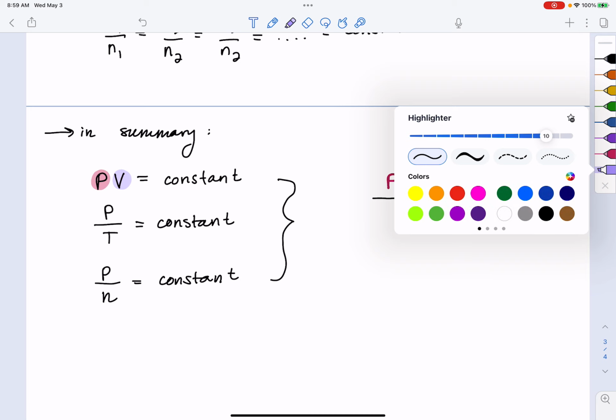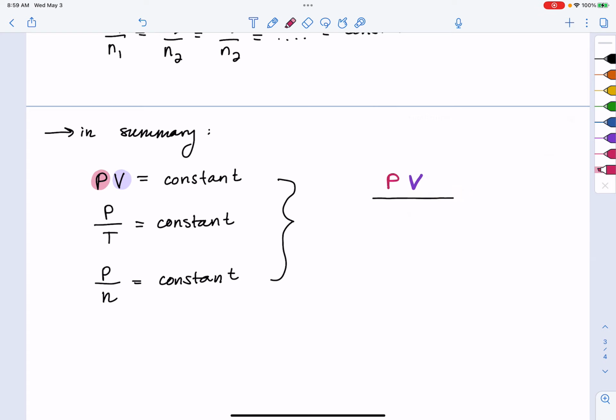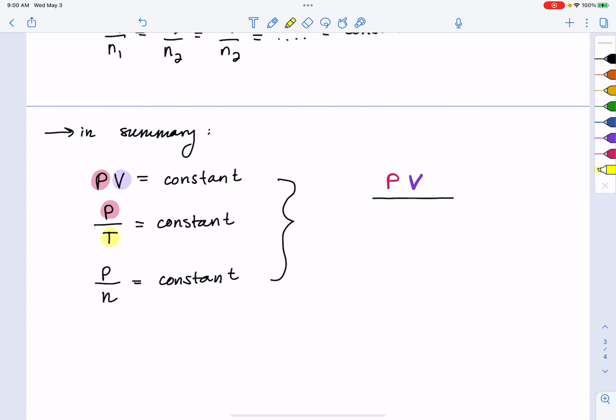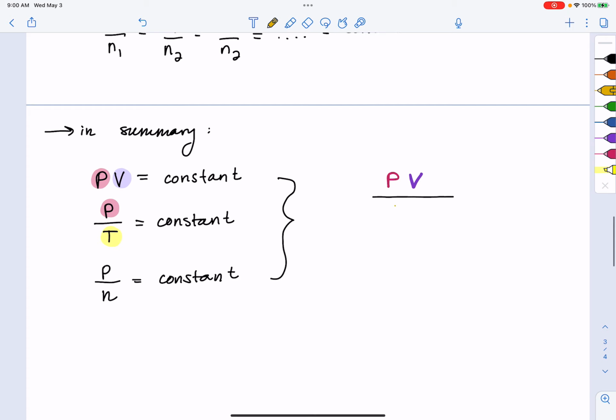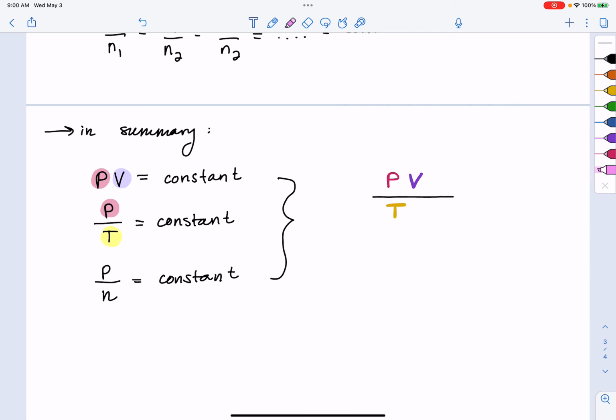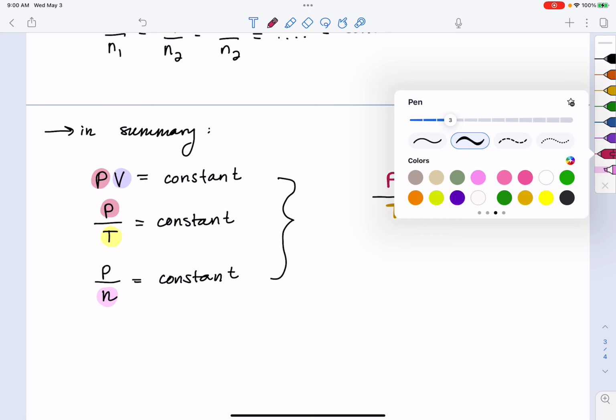Now, let's see here. When we're looking at pressure and temperature, we should have pressure in the numerator, which we do here in this expression, but then temperature needs to be in the denominator. So I'm going to put my temperature variable in the denominator. And then my moles also need to be in the denominator.